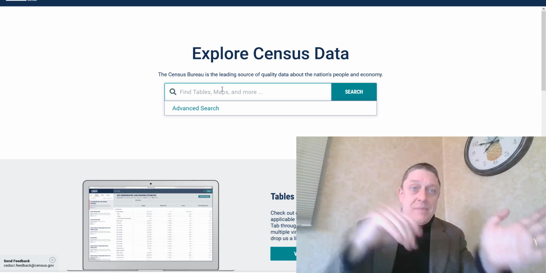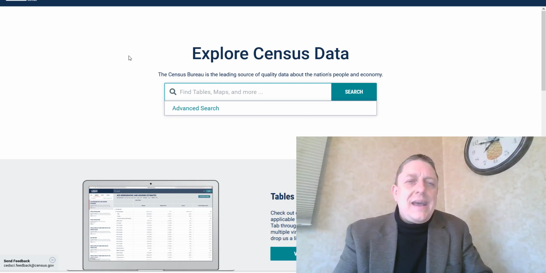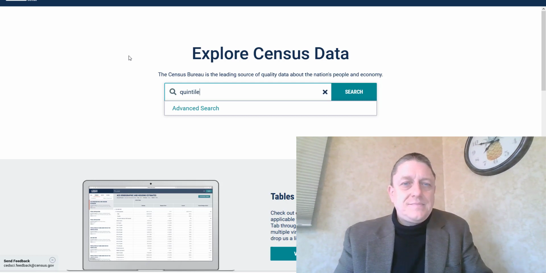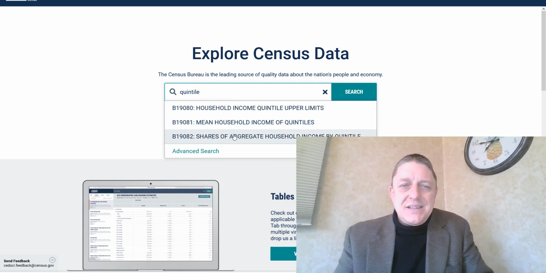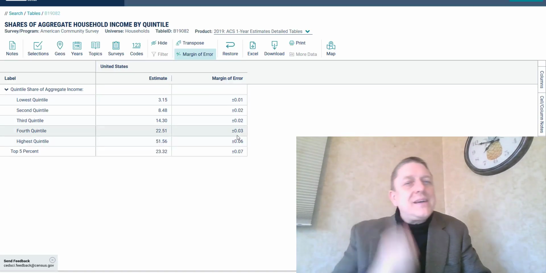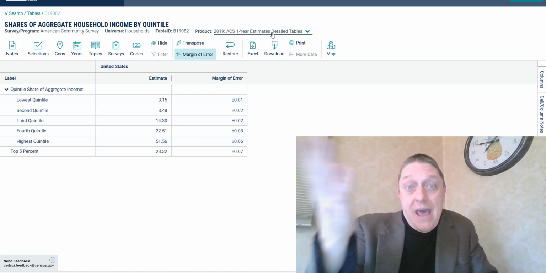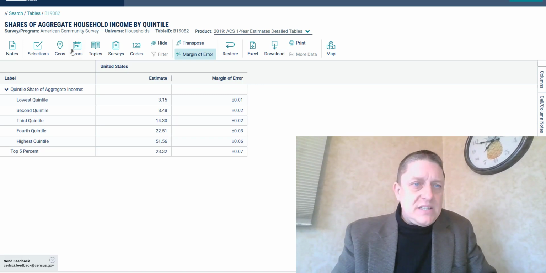So I'm going to go right back to the beginning. I just hit search over on the left, and I'm going to hit quintile again. And when I get that, I see shares of aggregate household income by quintile, which is what I've been looking at. We're back at the United States. Okay, it's handy. And we're up here at 2019 American Community Survey 1-year estimates.